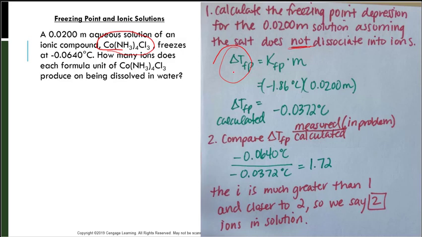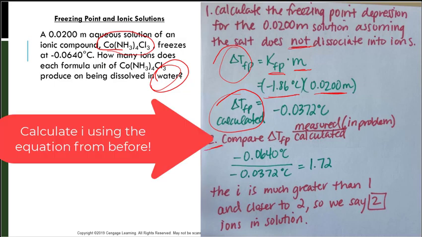So we'll use our freezing point depression is equal to the constant times the molality. We were told that molality is 0.02. We look up the freezing point constant for water because it tells me it's in water, and I find that our calculated freezing point depression is negative 0.0372.